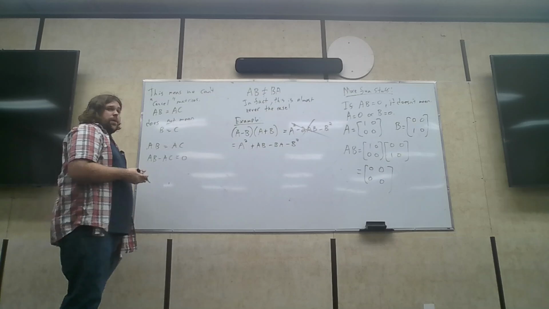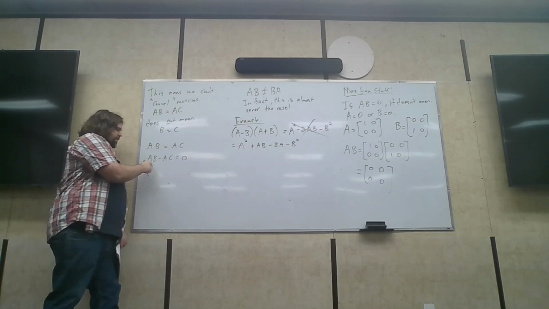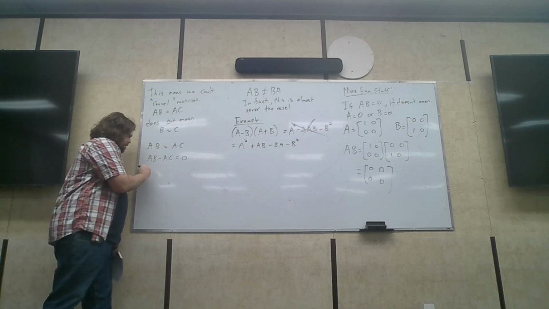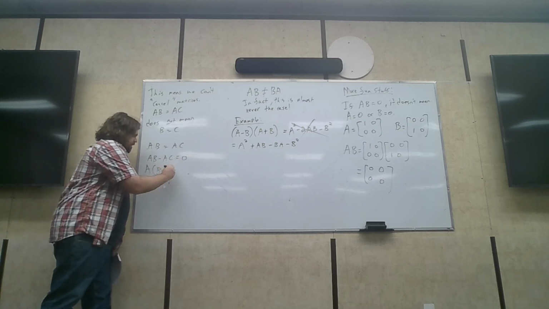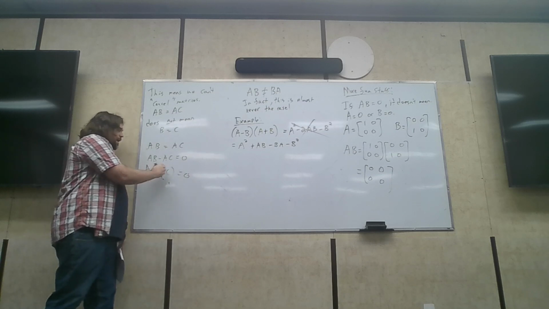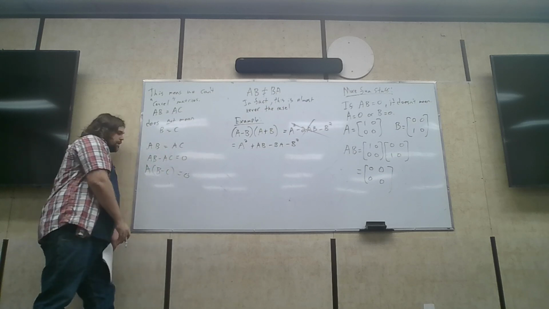One of our properties for matrix multiplication, at the very least, is if these are on the same side, we can pull them out, right? So this would be A times B minus C, because we can just distribute this back in, right? A times B minus A times C, same thing.